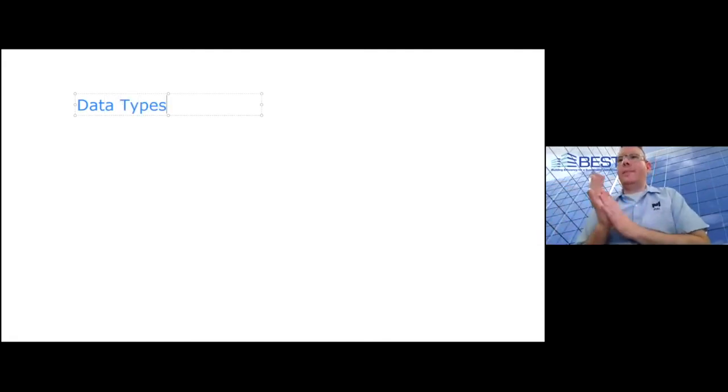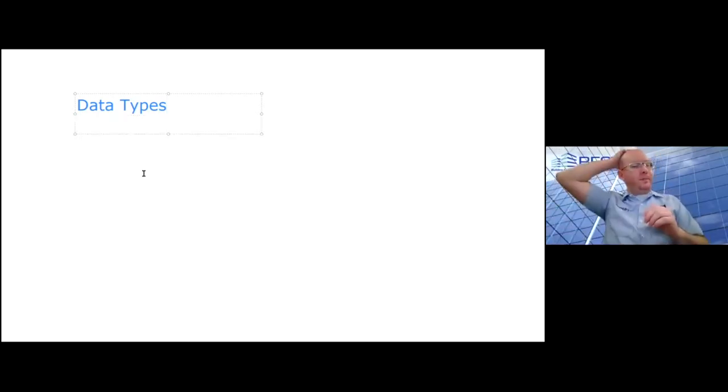First thing we're going to talk about is data types. Every programming language has defined data types. This is specifically what kind of information that programming system is capable of handling.